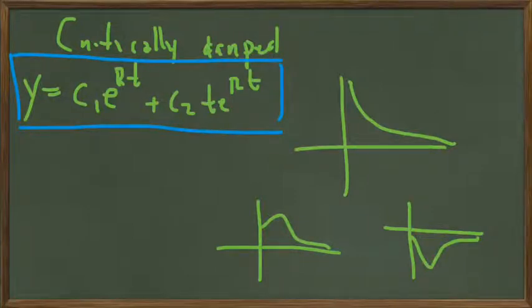We don't need to put it into an alternate form. So this concludes this video on mass spring systems, where we've taken a look at the three types of examples: the undamped, the underdamped, and the critically damped.